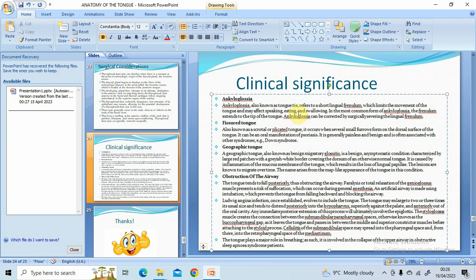This may actually affect speaking, eating, swallowing, and other functions. We call it ankyloglossia. Surgically it can be corrected.